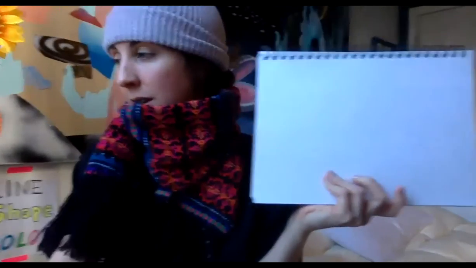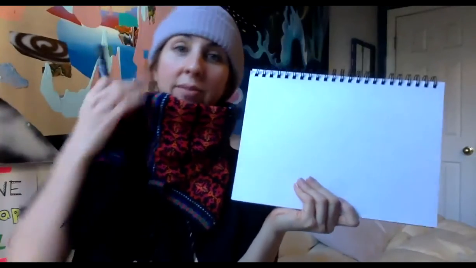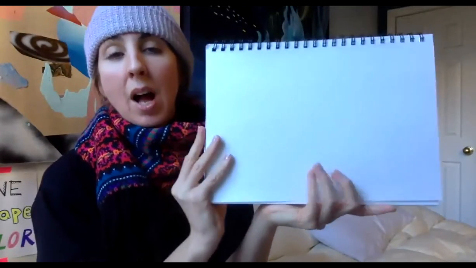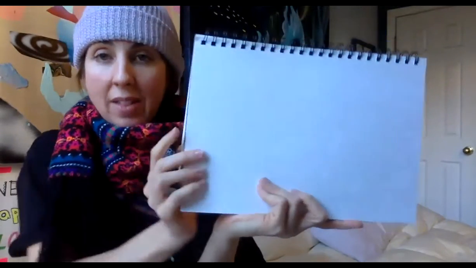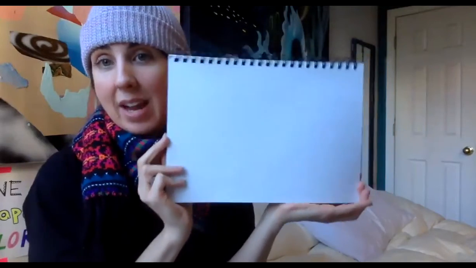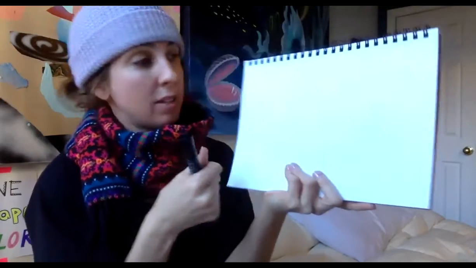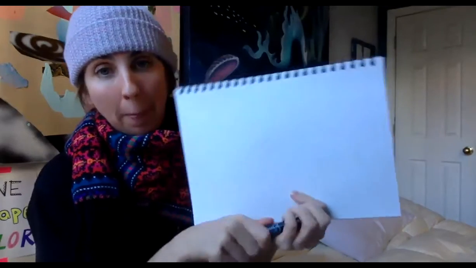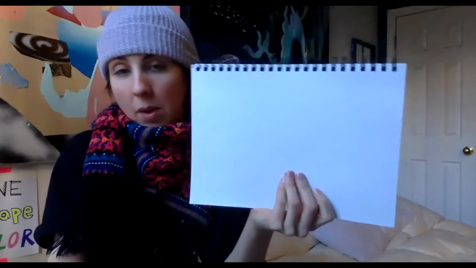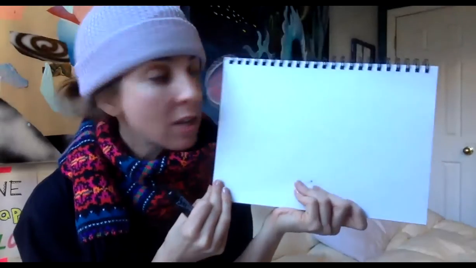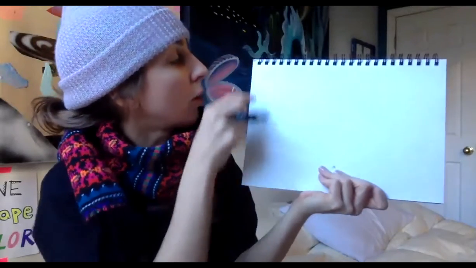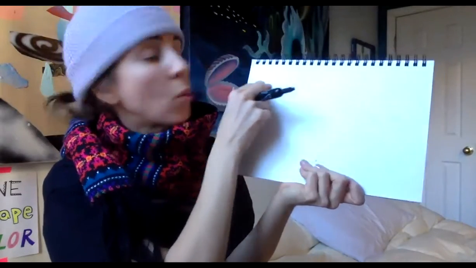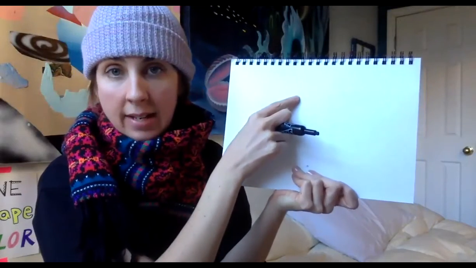So the first thing we're gonna do is we're going to hold our paper the wide way. This is actually called landscape because your paper is not tall like this, it's landscape view. Okay. The first thing we're going to do is we're going to draw the horizon line, which is a line back in the distance where the sky meets the land.